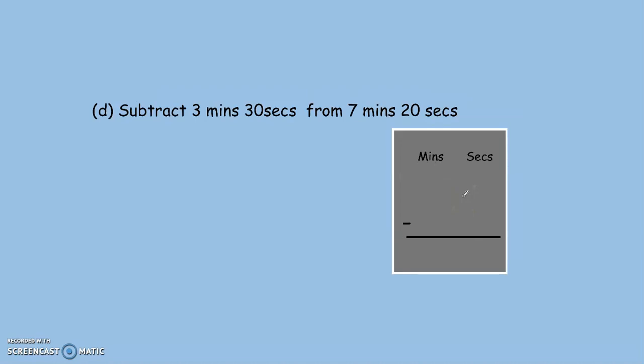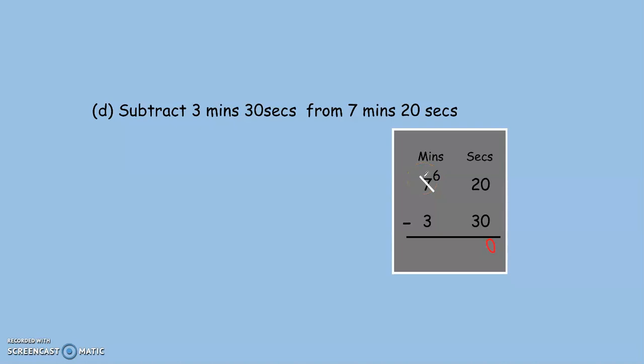Okay? Right. Example D, we have to subtract 3 minutes and 30 seconds from 7 minutes and 20 seconds. So, again, lay it out in our columns, 7 minutes 20 seconds, subtract 3 minutes and 30 seconds. So, if we're going to take the 30 away from the 20, so 0 take away 0 leaves me with 0. 2 take away 3, we can't do that, so we need to borrow from there.